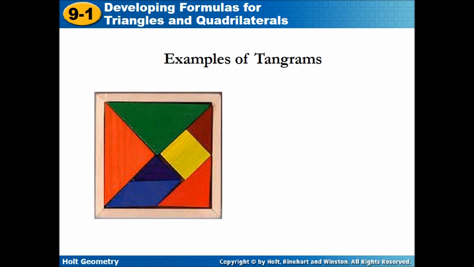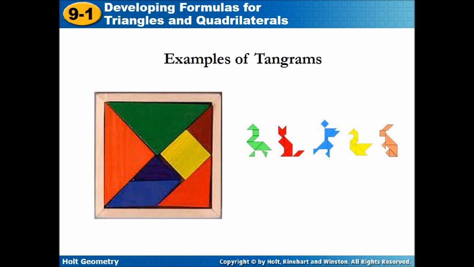Here is a common tangram in the shape of a square, and of course its pieces, as you can see, are formed of parallel polygons. In some cases they're squares, in some cases they're triangles, and in some cases they're parallelograms. But with these pieces you can develop all kinds of artistic things, such as the following.